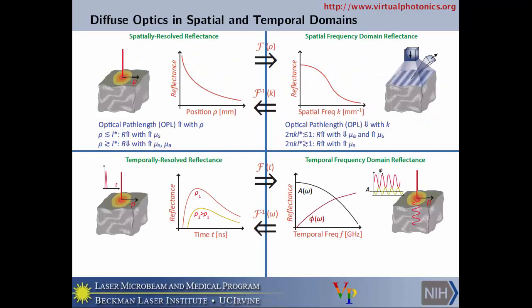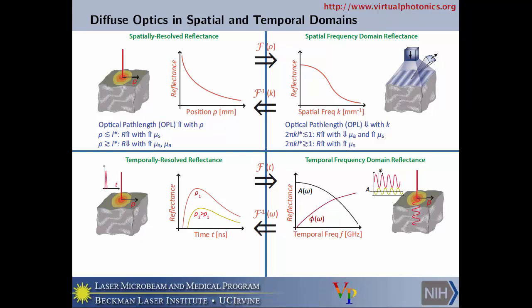This is my own version of the slide that I think you've seen from both David Kuch's talk yesterday and Bruce's talk this morning, which introduces, in my case, on the left-hand side, spatially resolved reflectance measurements in real space, and on the right, the analog of that in the frequency domain, and in the bottom left-hand side, temporally resolved reflectance, and the analog in the frequency domain being temporal frequency domain reflectance. And so yesterday we focused our time and effort on understanding the characteristics of spatial domain measurements.